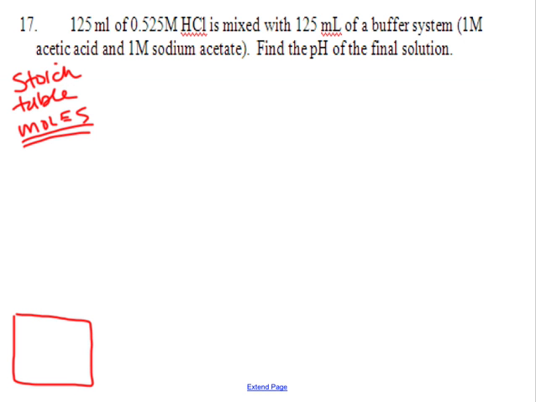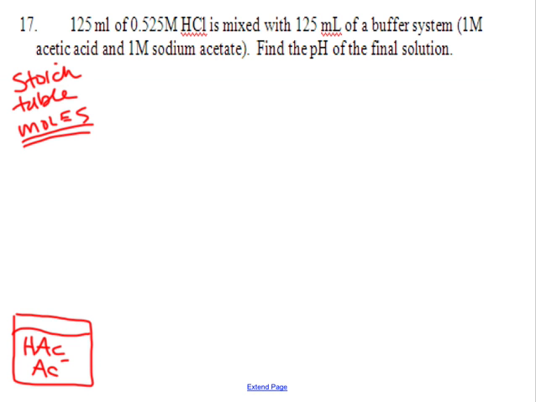What are we doing? We are adding HCl to a buffer system. So this buffer system is comprised of what two things? Acetic acid. Are you okay with me writing Ac for acetate? That's actually accepted on the AP, so you're allowed to do that. And then sodium acetate, Ac minus.